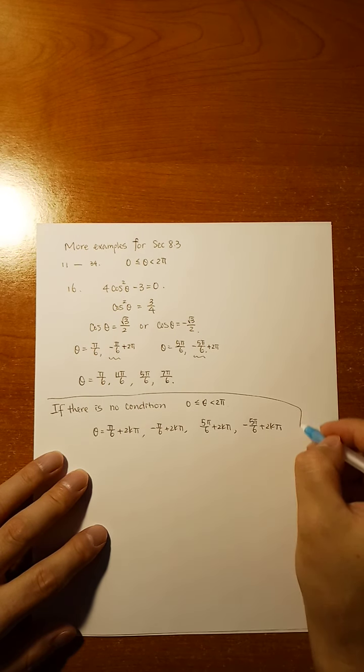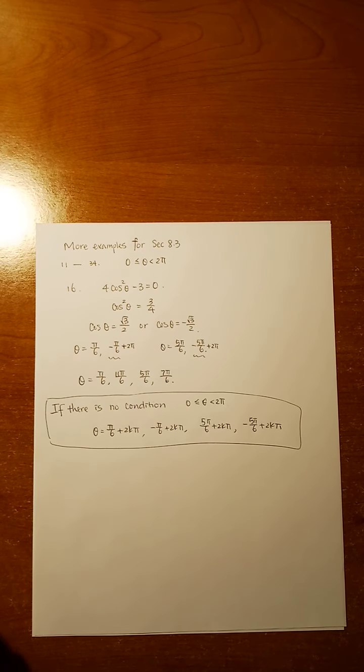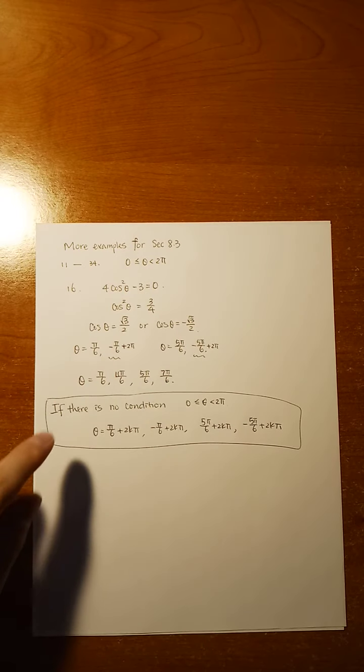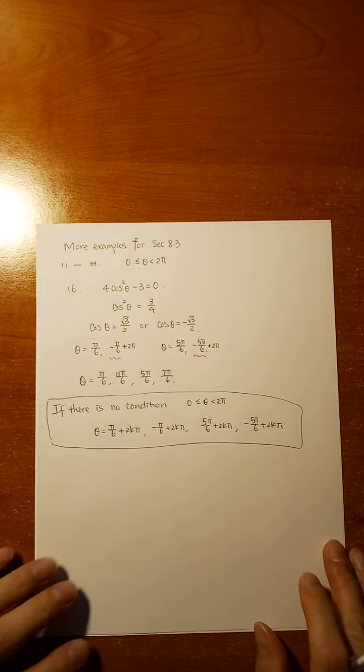So when there are no conditions, you always do this. When there is a condition, you have to choose the proper cases so that the solutions are in this domain.